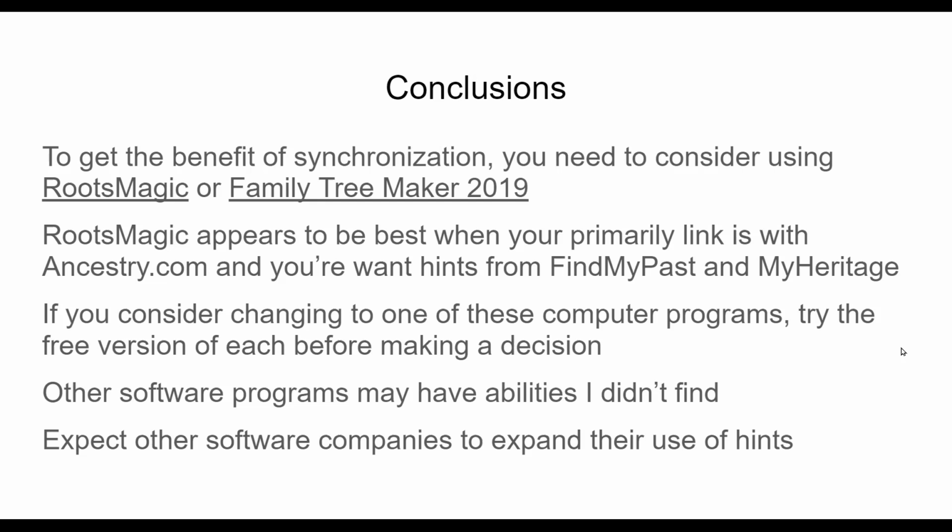If you have Family Tree Maker, it will find the hints for each individual once you link that individual to the Family Search master tree. If you adopt a hint, it's not looking at your data in your computer at all.